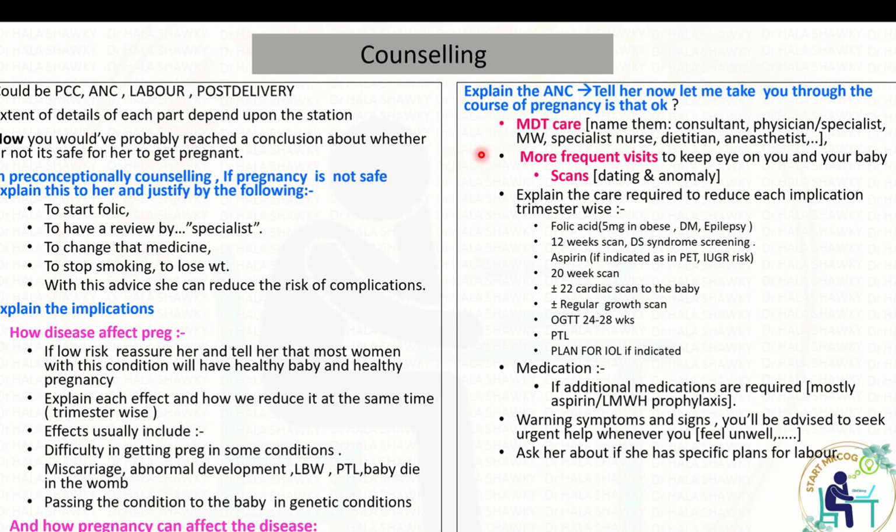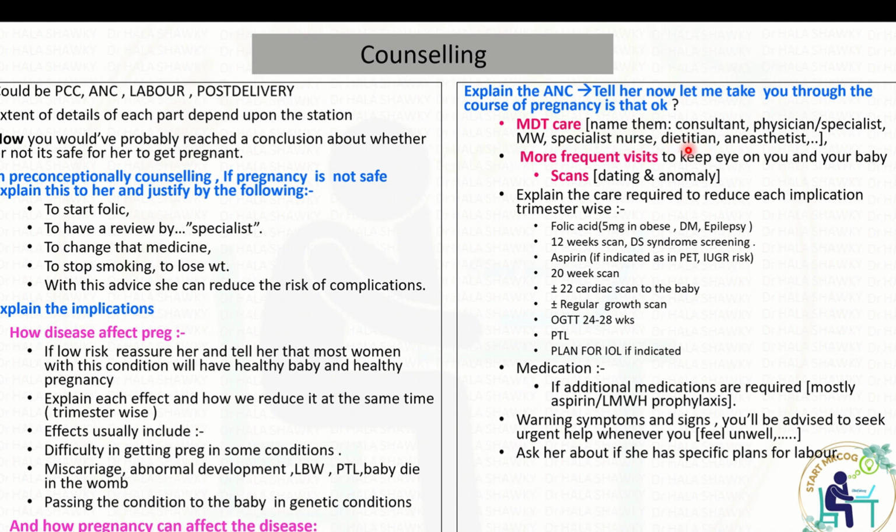Then you will explain to her the antenatal care, step by step, trimester-wise. Start with the MDT, enumerate them; it differs according to the system. For example, in a cardiac patient, it should include the cardiac specialist nurse, the consultant, and the specialist midwife.